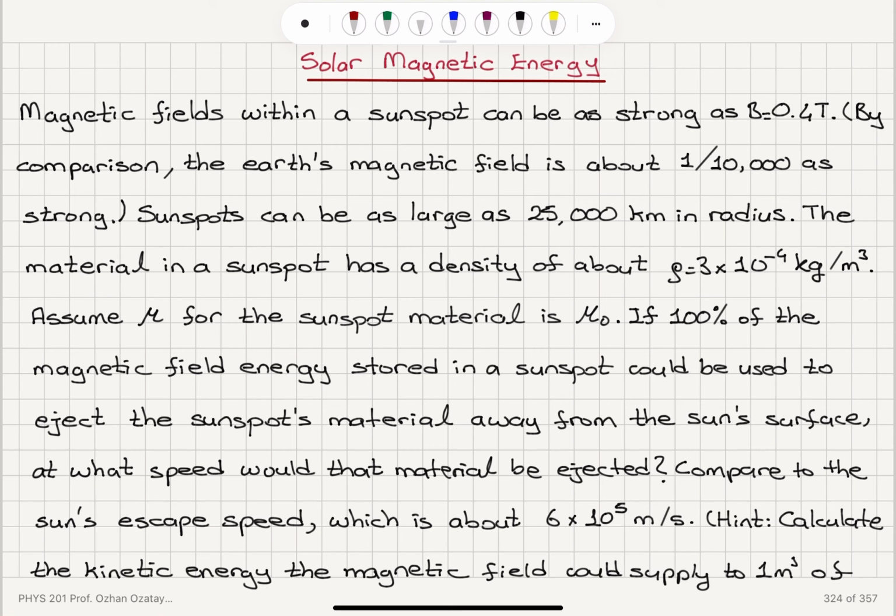They can be very large. The density of the material is given, and mu is mu0, and 100% of the magnetic field energy stored in the sunspot is to be converted to kinetic energy to eject the sunspot material away from the sun's surface. And the escape speed is given, so we're asked to compare it to the escape speed.